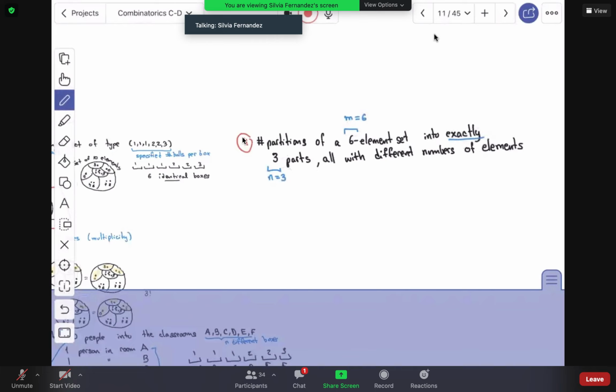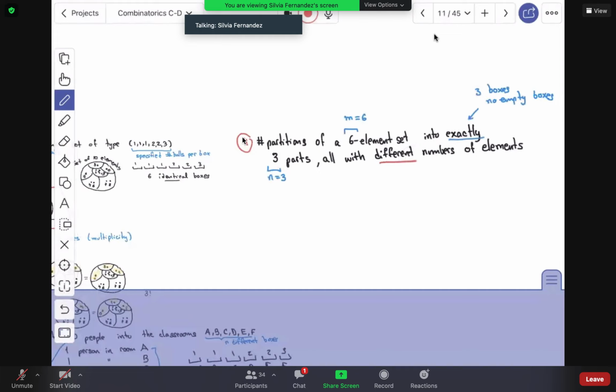This exactly meaning that you have 3 boxes, no empty boxes. Okay? And this is the key word that you were asking about, Sean. So different numbers of elements in each box.